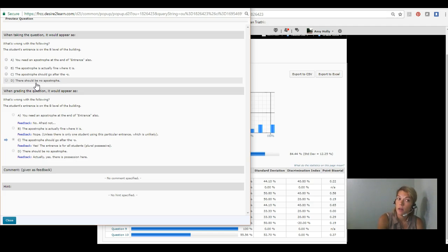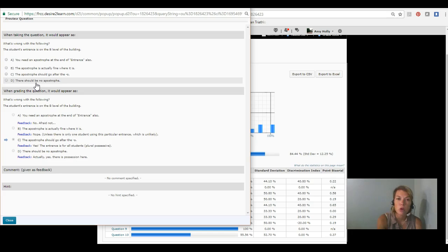It's difficult to tell because we can't look at the apostrophe, but we know there is an S there. And since the rest of the sentence logically would make sense that it's referring to more than one student entering through this entrance, you can assume that that word is plural. And if we have a plural regular noun, the reason I say regular is it becomes plural by adding an S, it's not like geese or deer or some weird word like that, usually animals for some reason.